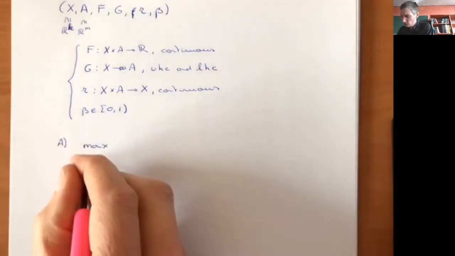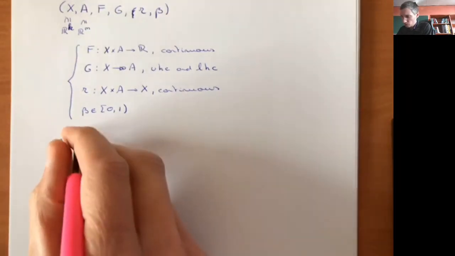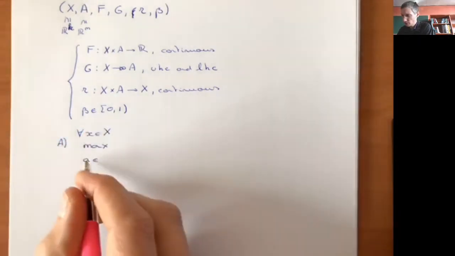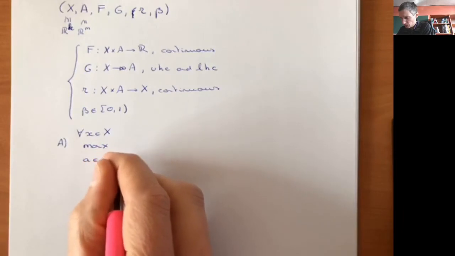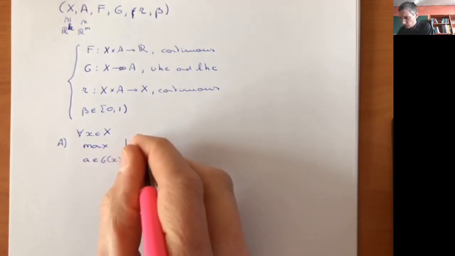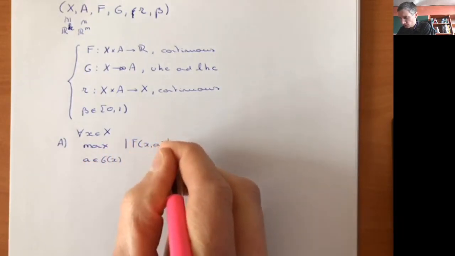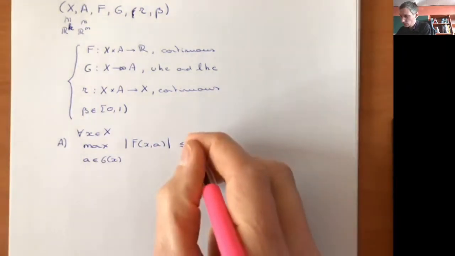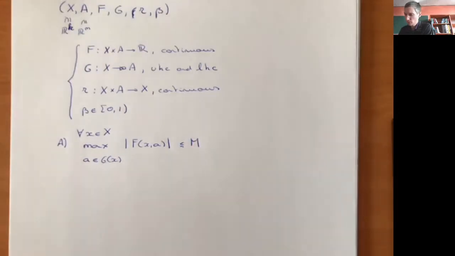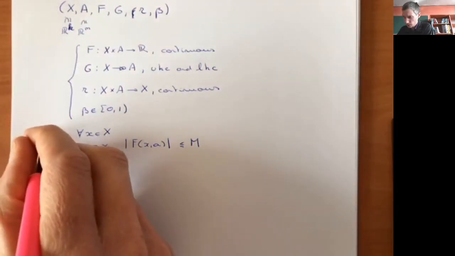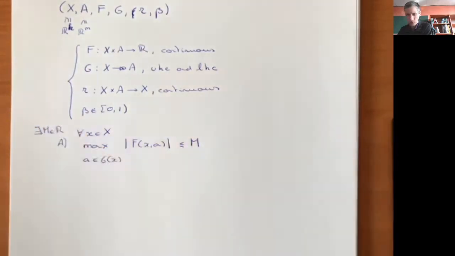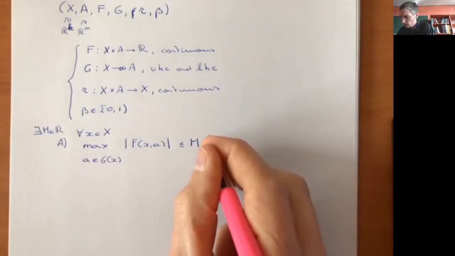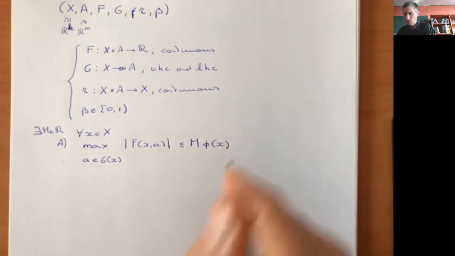So for all x, for all possible states, the maximum over a in g(x) of the absolute value of f(x, a), we're going to assume that this is lower or equal to some number M, there exists M in R, such that for all x this is lower than M times phi of x.